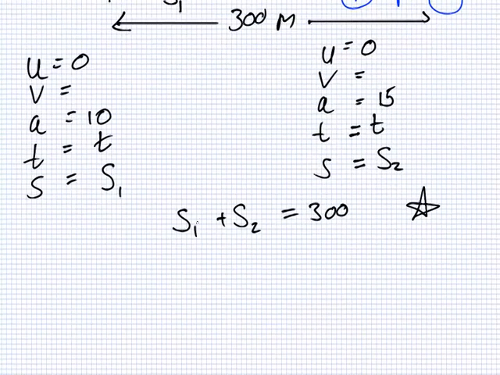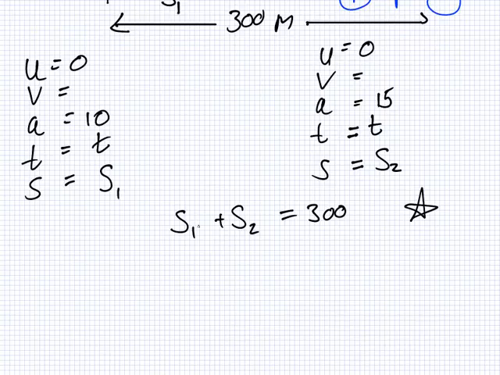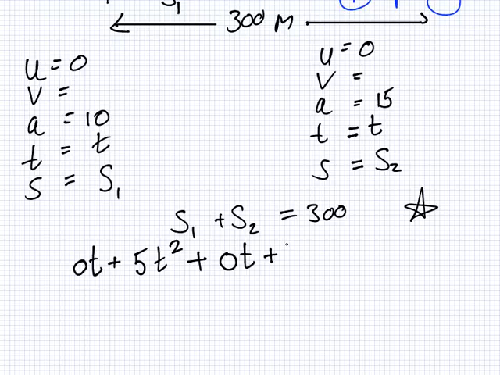So, formula for S1. S is equal to UT plus a half AT squared. So here it'd be UT plus a half AT squared. Plus, and now S2, what's that going to be? 0 plus T plus 10, 15, 15. No, 7.5. 7.5 T squared equals 300.